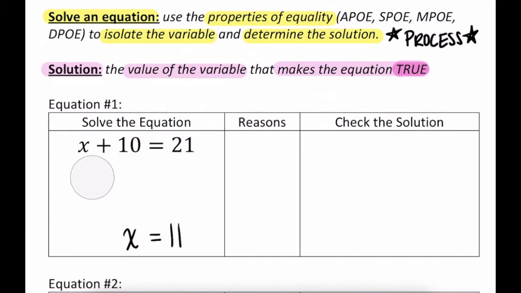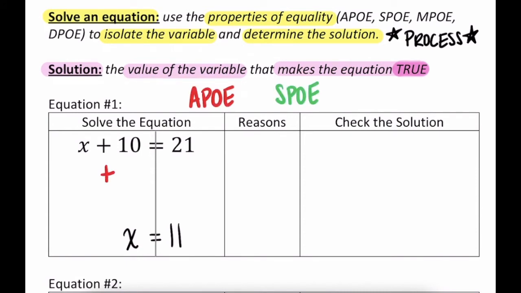Now let's go in and apply the properties of equality to get to that solution to show the process of solving. I always put a line down the middle of my equal sign to keep the left side separate from the right. And now I have to determine which property of equality I am going to use. Let's try addition first.